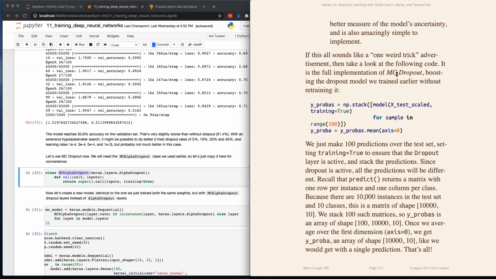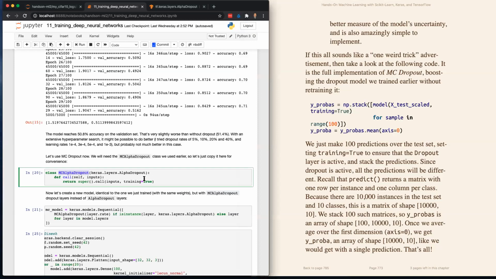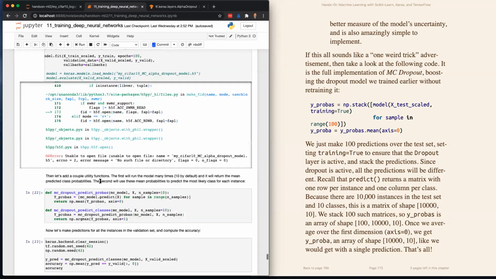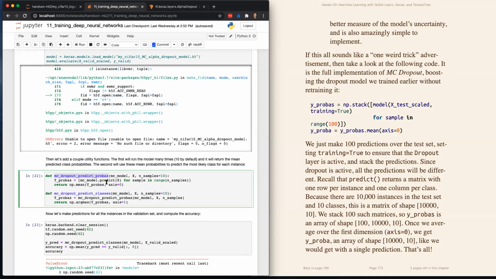So that's your MC dropout. What he was asking here is, he created a class MC dropout, which is inherited from an alpha dropout, and in the call function, we just call the parent class. So that's the MC alpha dropout class defined here. If I go down below here, he has two utility functions defined.